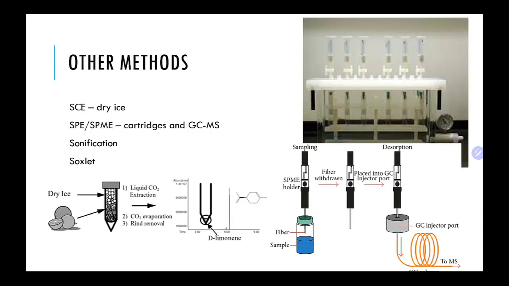There are other methods that we can use to extract carvone, and I've done a couple of these. So we can use dry ice, and basically with the dry ice, you take a tube that seals, and there's a little metal plate that only allows liquid to go through, and you put your material on there. We do this a lot with limonene, and then you put your dry ice in and cap it.